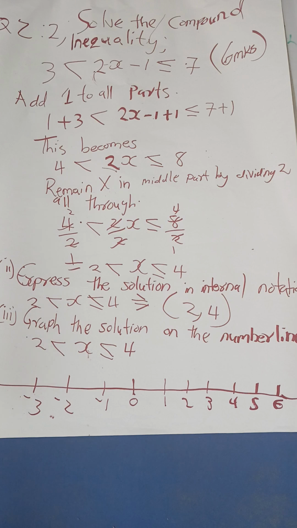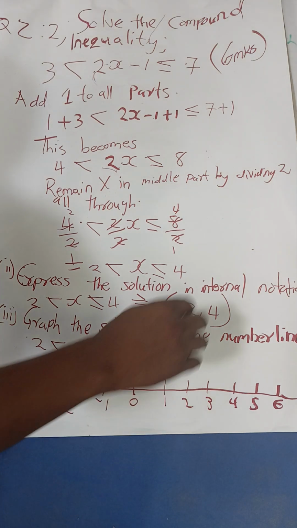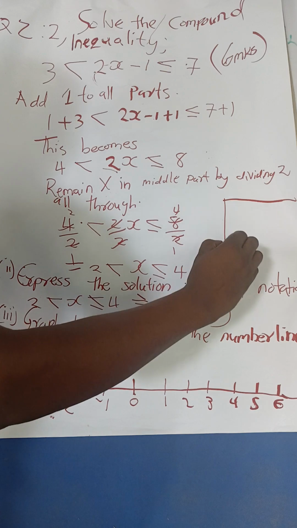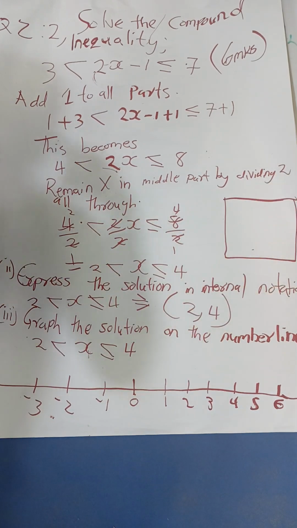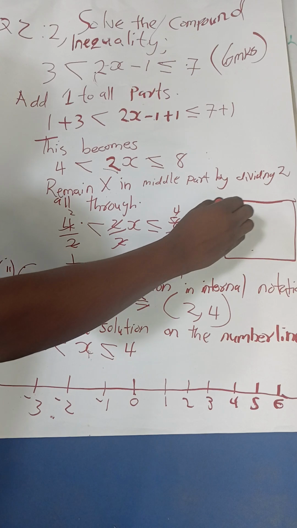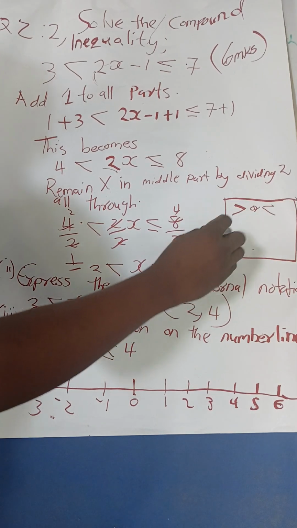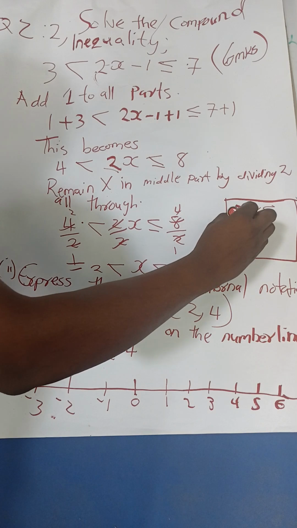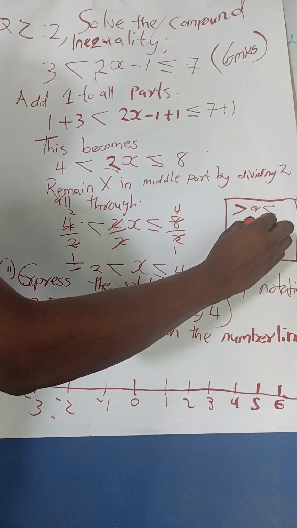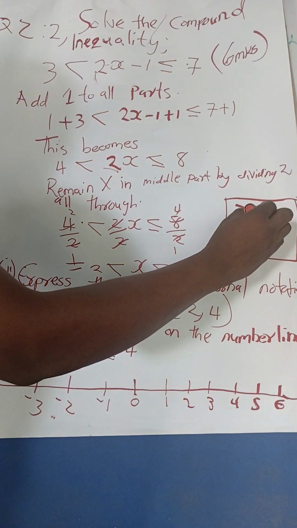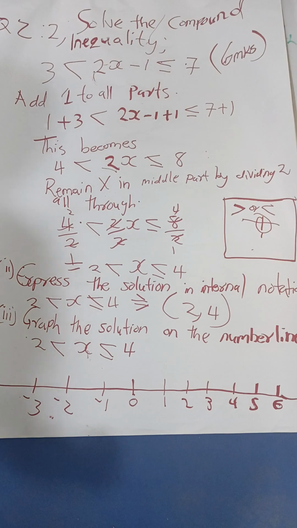Good. So we start with plotting. Remember what I told you the other time, that if you are on the number line and you have something like greater than, and let's say here we have 1, you will do this to show that value is not inclusive.